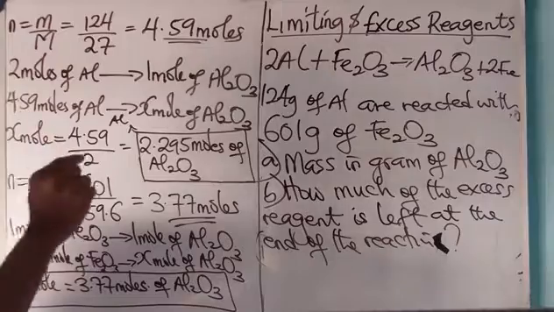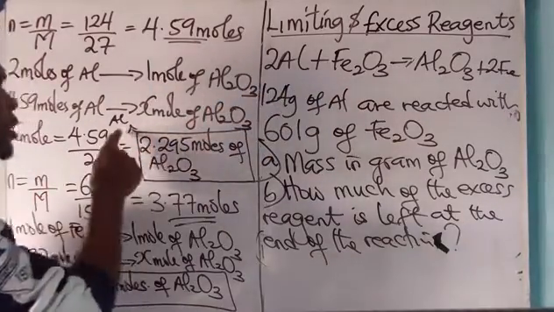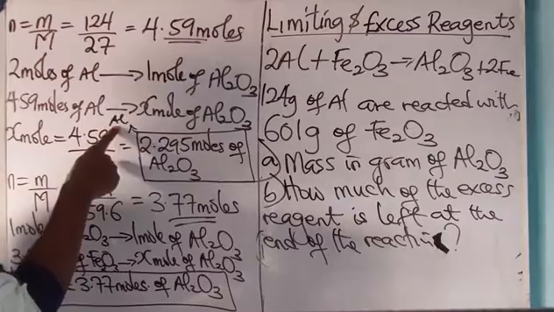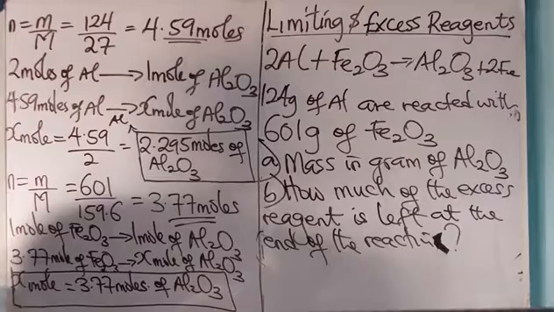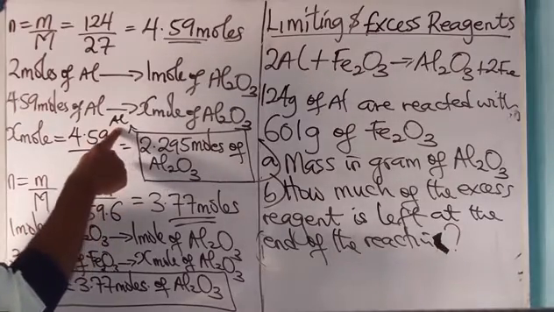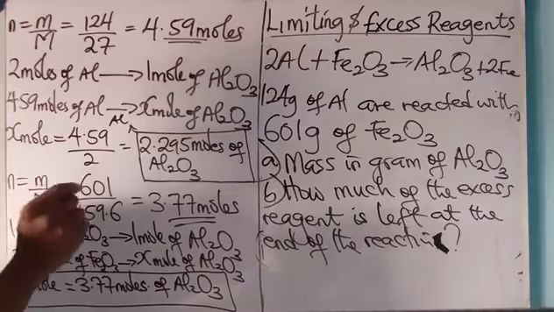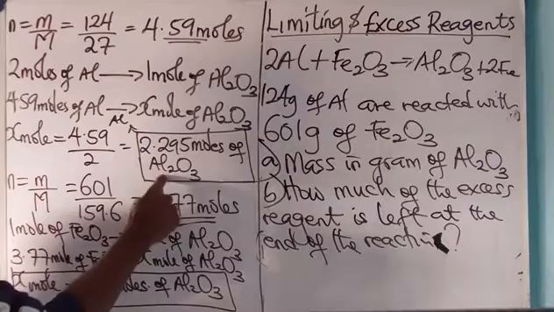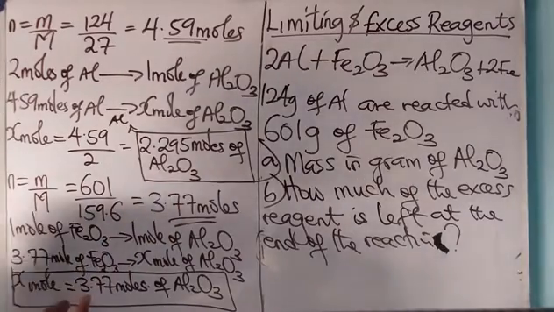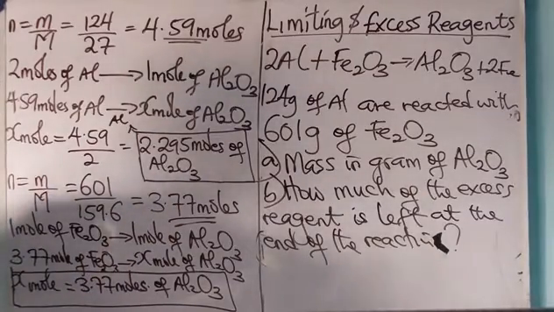Therefore, the limiting reagent in this reaction is aluminium because it produced the smallest amount of moles of aluminium oxide. While iron 3 oxide is the excess reagent because it produced 3.77 moles of aluminium oxide. So that is the first step.